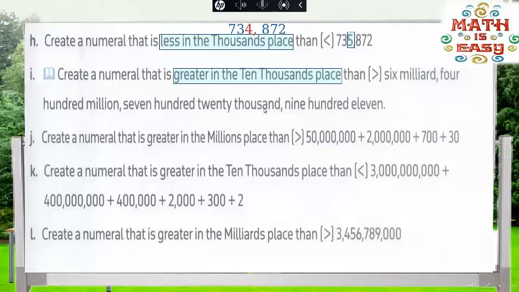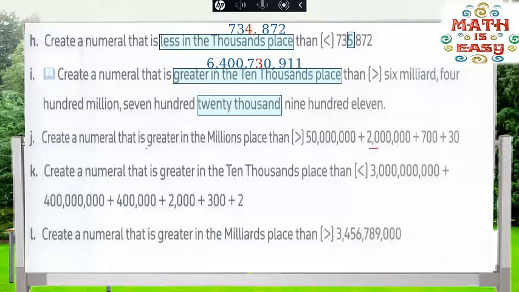In the 10,000th place we have 2. That means you should write a number greater than 2. The number after 2 is 3. You should put 3 in the 10,000th place, because in the first number it is 20. So you should write a number greater than 2, which is 30,000.